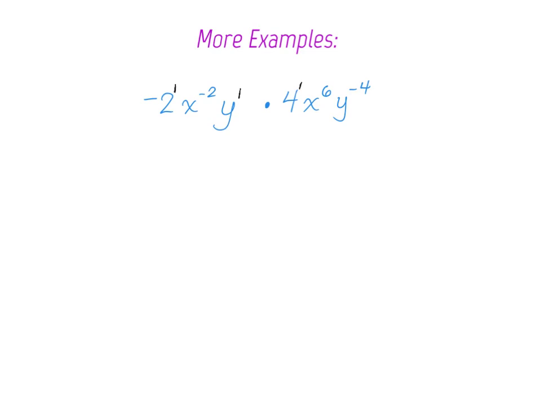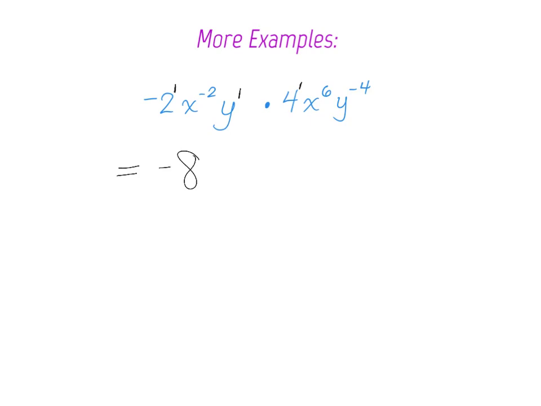Always remember to do those little things that we've been doing all along. All of this is multiplying. So negative 2 to the first is simplified as much as possible. 4 to the first is simplified as much as possible. So we would just treat them, they don't have the same base, so we're not using an exponent law. We're just going to treat them as we always have and multiply negative 2 times 4, which is negative 8.